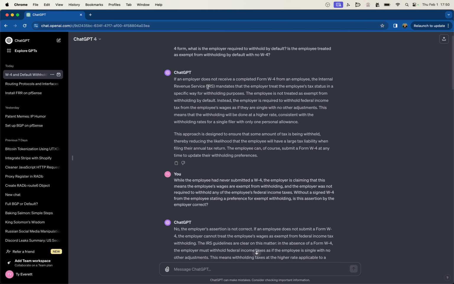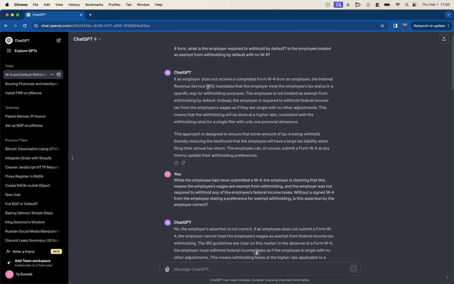So for a W-2 employee, if the employer does not request for the employee to complete a W-4 form, what is the employer required to withhold by default? Is the employee treated as exempt from withholding by default with no W-4?